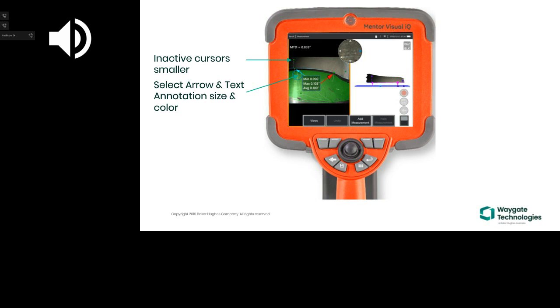So I can change the arrow colors, I can change text annotation colors and size, but you also see that red arrow is pointing to a larger cursor, and that's indicating the maximum separation from tip to shroud. Green arrow pointing to the cursor with the minimum separation tip to shroud. So you see that here. I'm going to play a video for you so that you'll be able to see what I'm talking about.